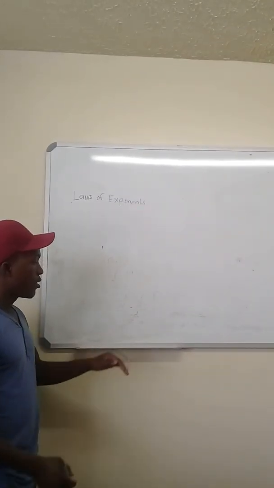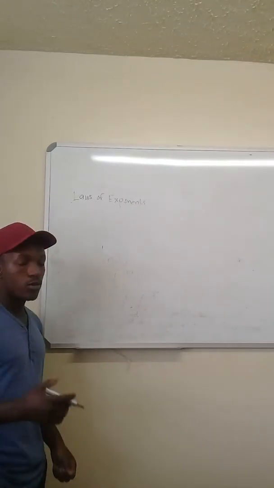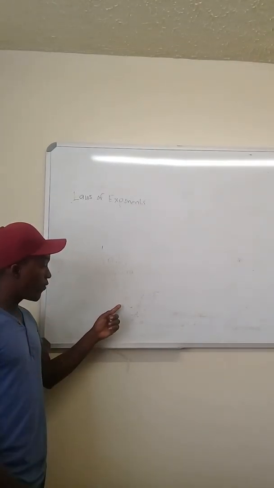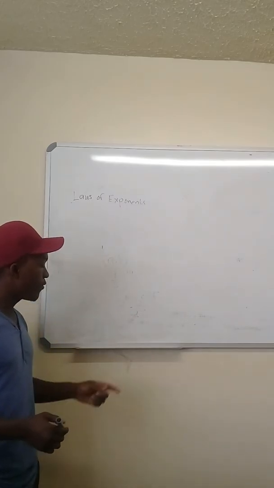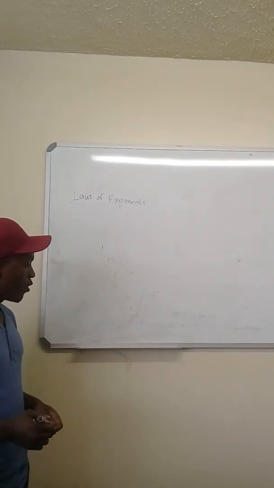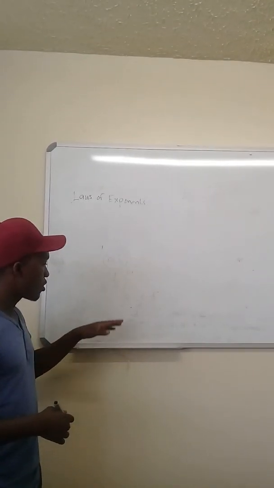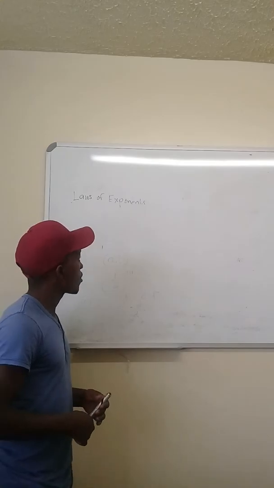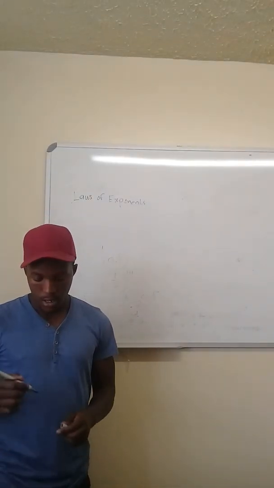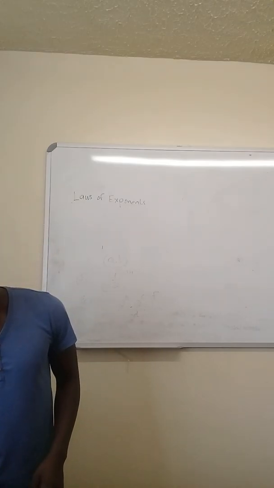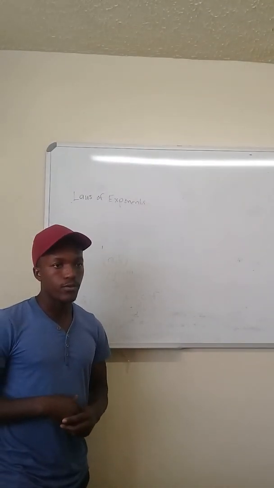Therefore, there are also two bases inside the bracket, which are the numerators. So what we have to do first is follow the first law, which says that if you have exponents of the same base, you keep the base and add those exponents. So I'm going to give you time to solve this one, and then I'm going to do some of the important complex expressions that you need to solve. Thank you.